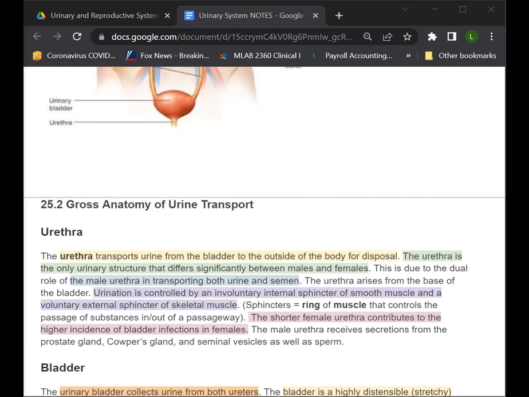So first of all, in men, they have a much longer urethra than in women. And then also the male urethra carries both urine and sperm, just at different times, but the female urethra only carries urine.